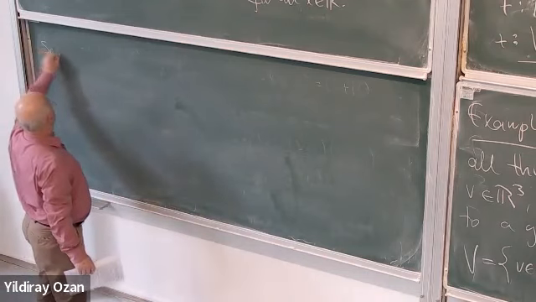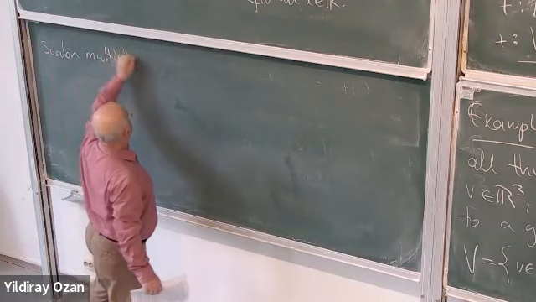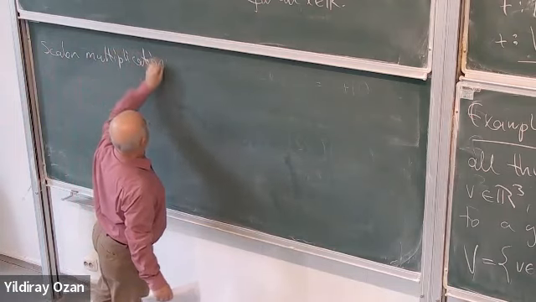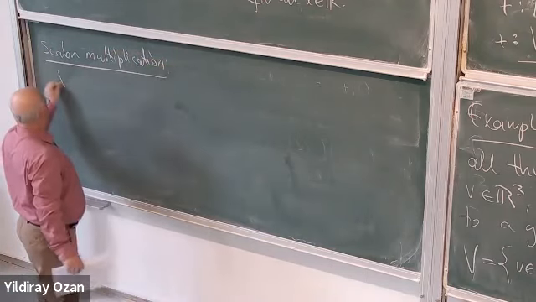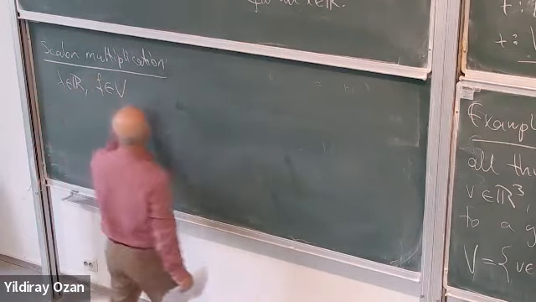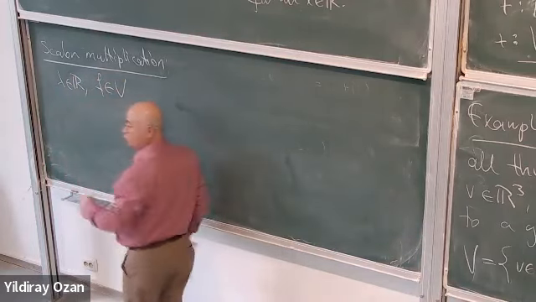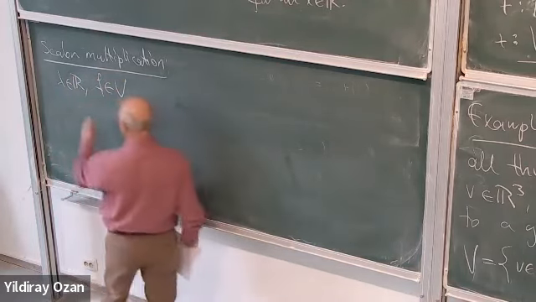What about scalar multiplication? Whenever I have a real number and a vector, which is a function, I have to tell you how I multiply them together.